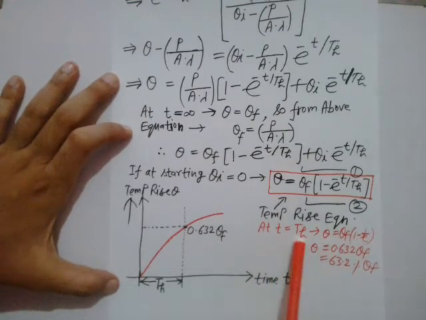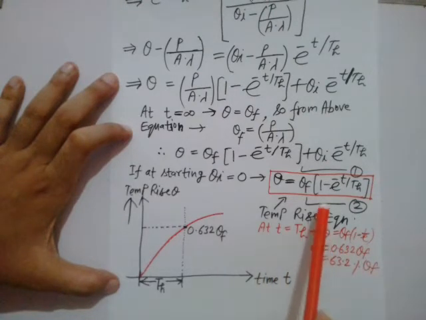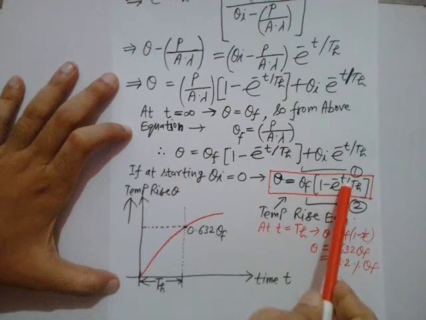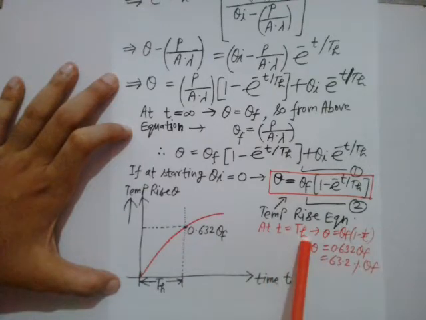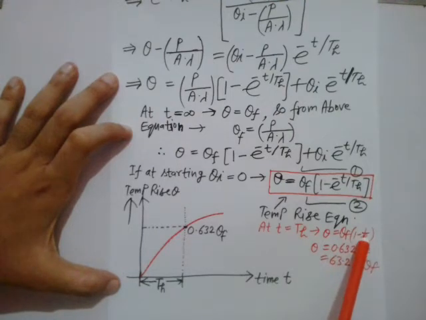So at t is equal to tau h, the heating time constant, put t is equal to tau h here. So you will get theta is equal to theta f (1 minus 1 by e), because you are saying at t is equal to tau h. So 1 minus 1 by e, where e is 2.71828, right?